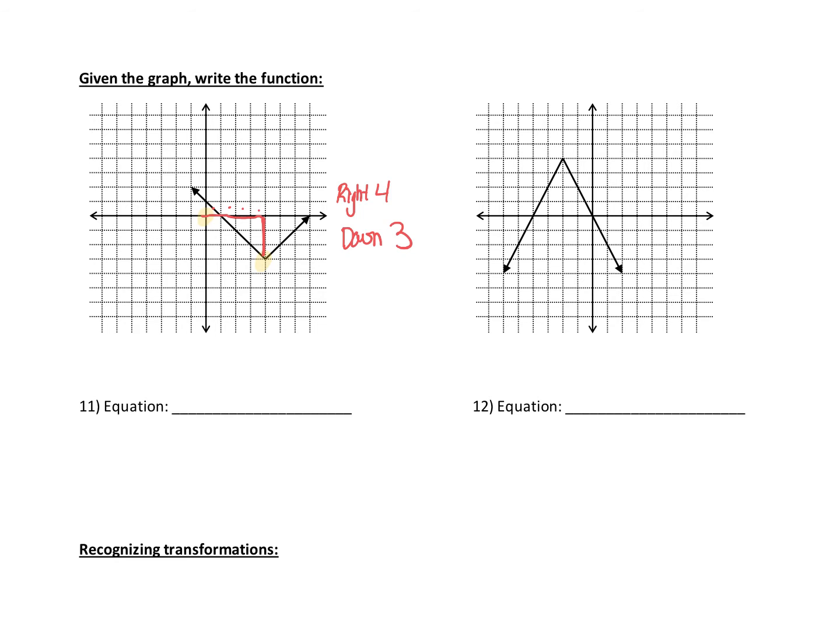Well, y is going to equal the absolute value of x. Right goes on the inside as -4. Down is going to go on the outside as -3. And then let's just check my slope: here's my starting point, up 1 over 1, up 1 over 1, up 1 over 1. So it's just the normal slope, so I don't need to worry about putting a number in front here.